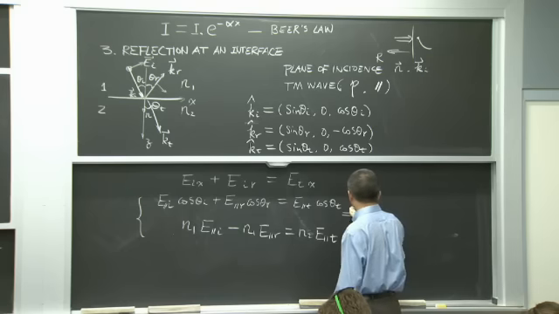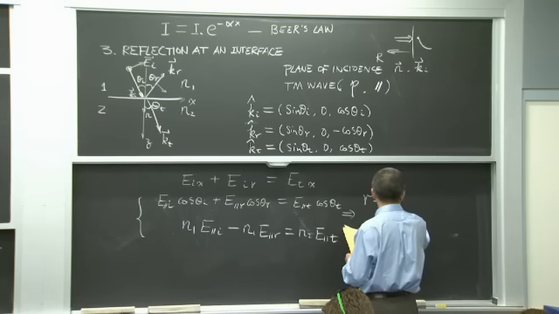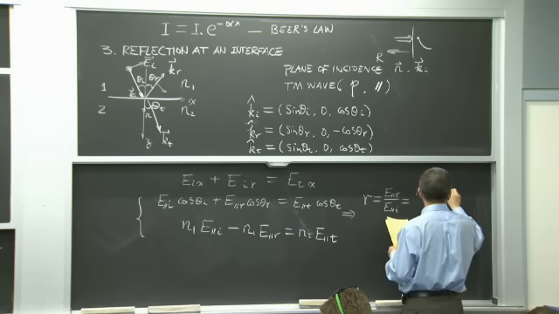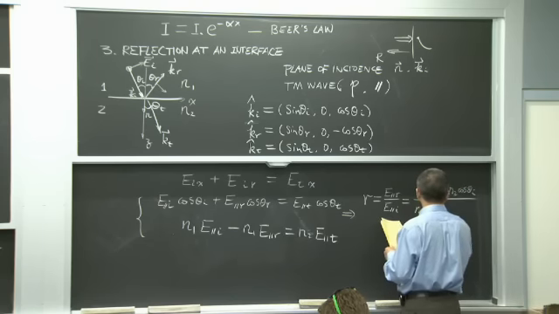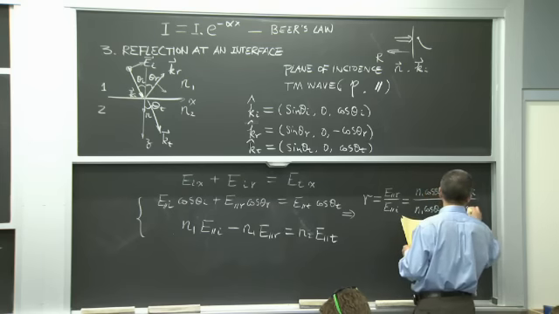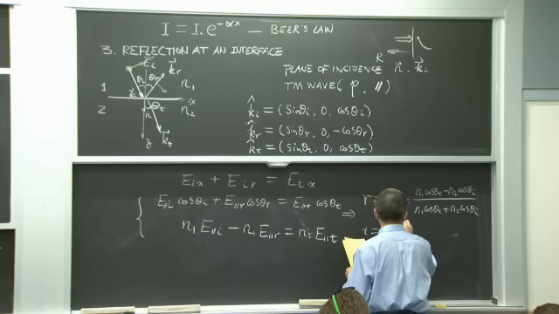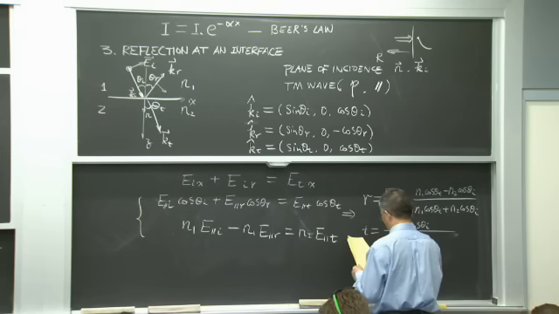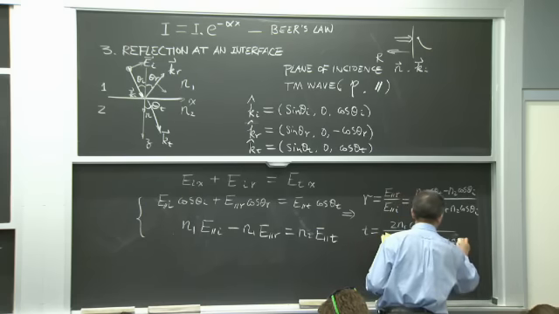So now you solve for this ratio, and I have my reflection coefficient, E parallel R over E parallel I, equals n1 cosine theta T minus n2 cosine theta I, over n1 cosine theta T plus n2 cosine theta I. So this is the reflection coefficient, and the transmission coefficient is 2 n1 cosine theta I, over n1 cosine theta T plus n2 cosine theta I, same denominator.